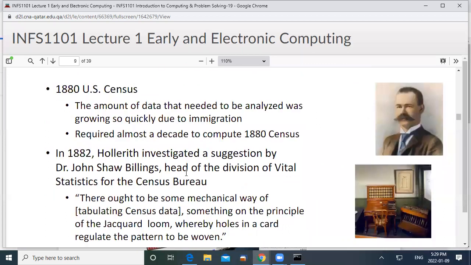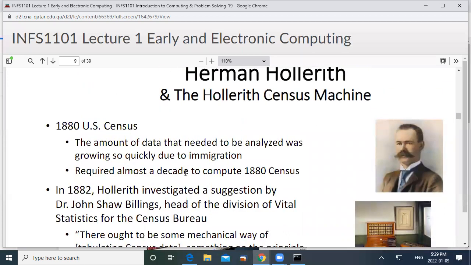All right, so then we get to Hermann Hollerith. The cool thing about Hermann Hollerith is he's a great example of how computing solves society's problems. It's a little bit of a mathematical problem, but it's really a social problem as well.